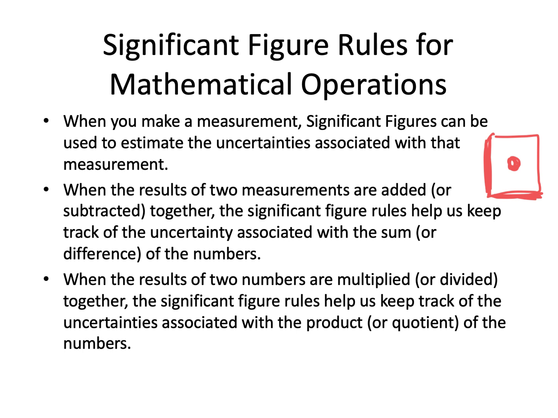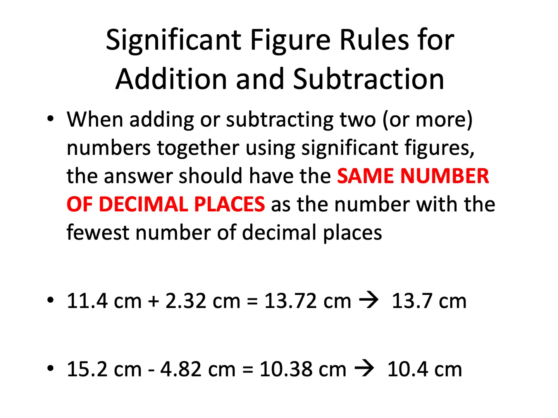Let me say all of that fancy stuff in a simple way. When I apply the significant figure rules for mathematical operations, I'm keeping track of the uncertainties of the result of those mathematical operations, whether it be addition or multiplication or something else. Now, the vast majority of operations that you're going to do are either addition, subtraction, or multiplication, division.